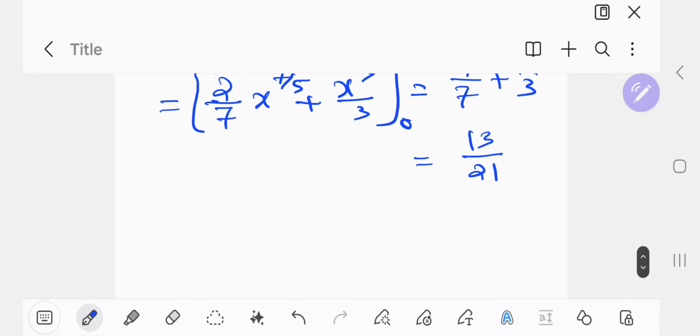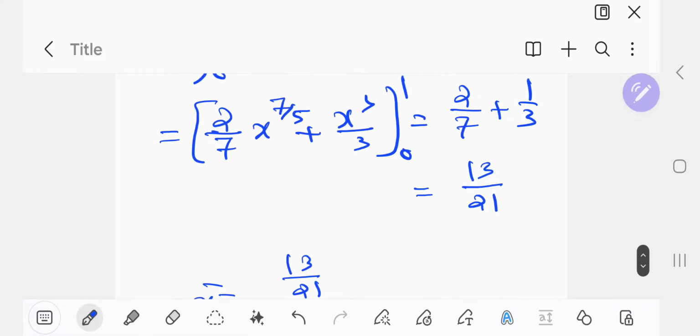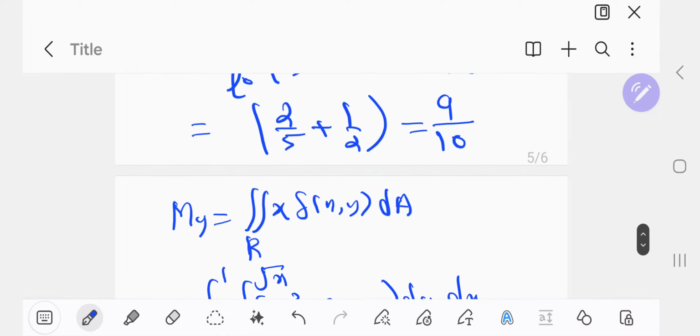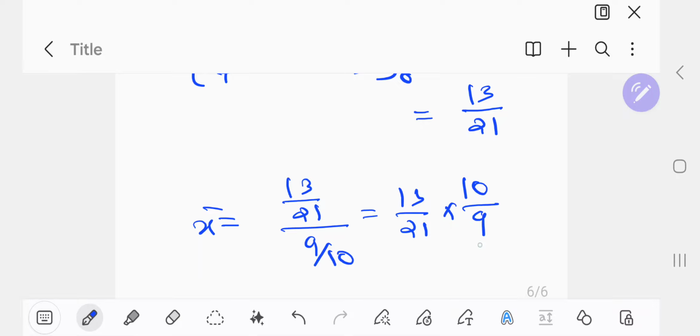Yes. So x bar is equal to 13 by 21 upon the previous mass, which was 9 by 10. Okay, you can modify this one: 13 by 21 into 10 by 9. You can try the cancellations.